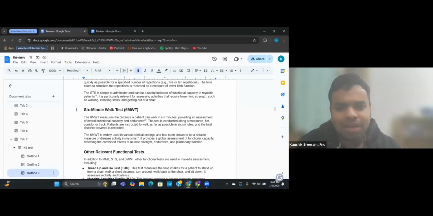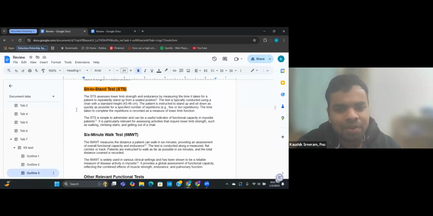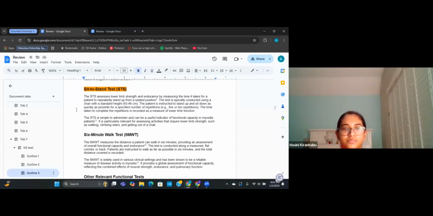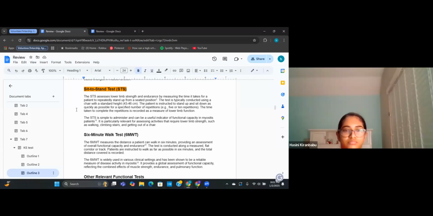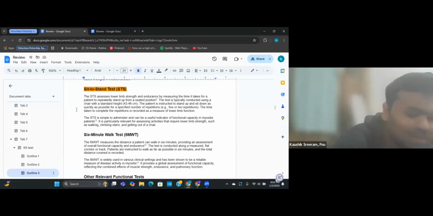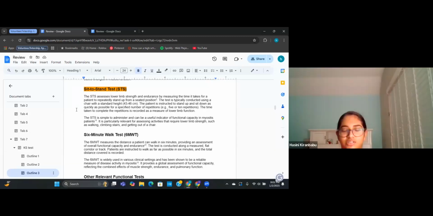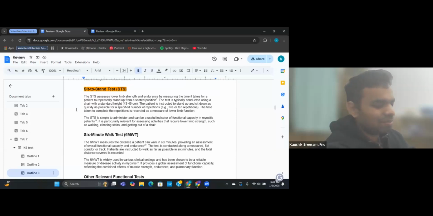Now, tell me, this is what the state of the art model from Google, Gemini, has written. Tell me what is wrong in this. I mean, this is more just telling you how it's conducted. It's not really specific to myositis. It's just really general, how it's tested.